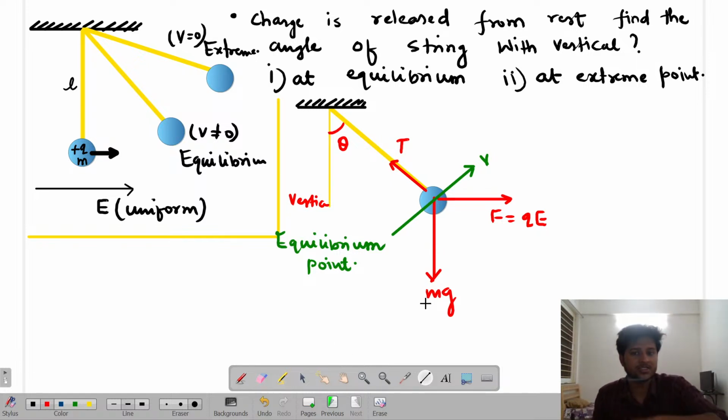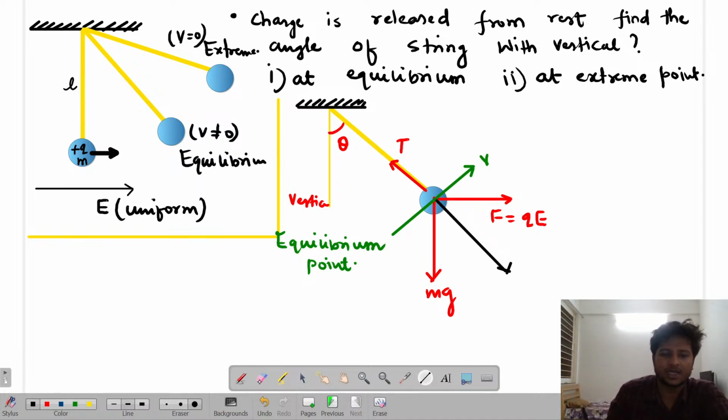So that makes our calculation tedious, isn't it? So to ignore that calculation in a very good way, in a very professional way, we will do one thing. What is that? You can see that in this direction, I can resolve this QE and mg.